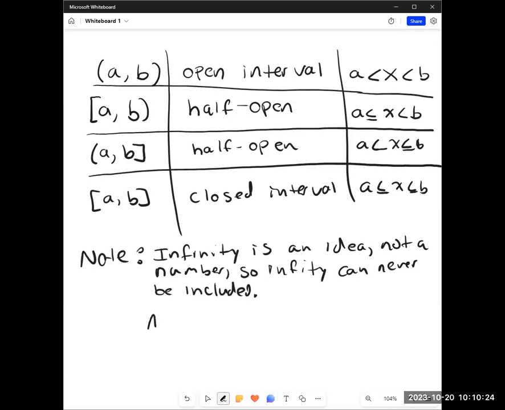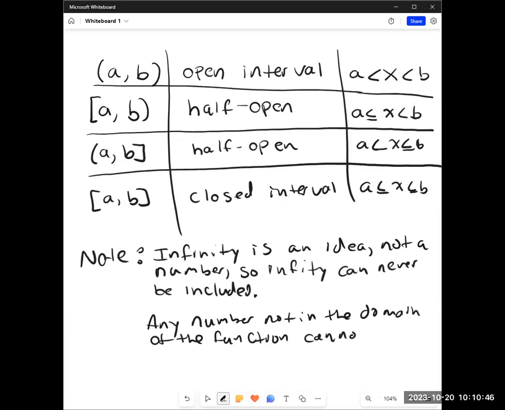Also note any number not in the domain of the function cannot be included. So we're not going to include any numbers that make us divide by 0 or take square roots of negative numbers or anything like that in our solutions.